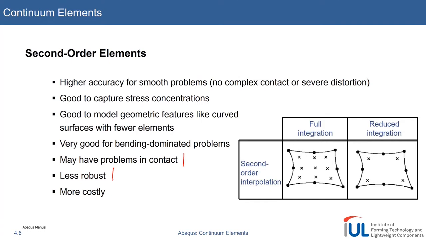So you should really know when to switch to second order interpolation elements. It's definitely helpful if you have stuff like stress concentrations or geometric features like curves that you want to model with fewer elements, and especially if you have bending, then these really outperform the first order elements. If we had this talk a couple of years ago, you would have definitely used this element more often than nowadays, because since computers are so powerful, you often just increase the density of your elements.